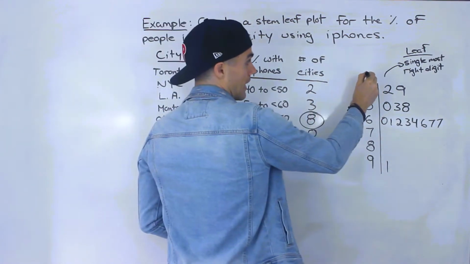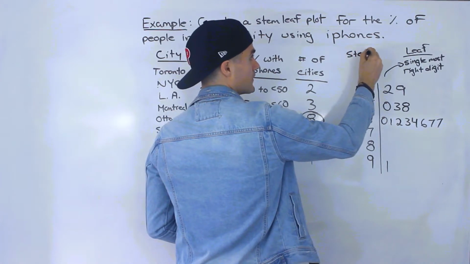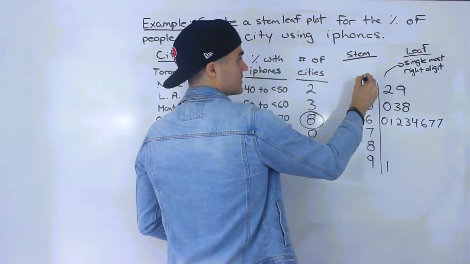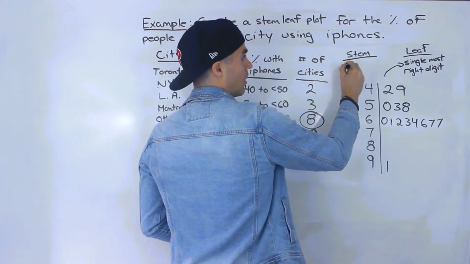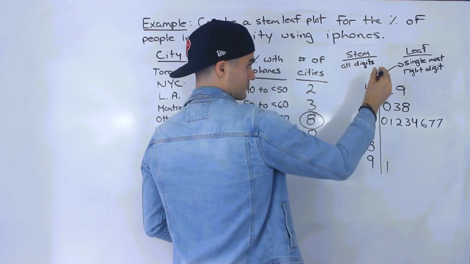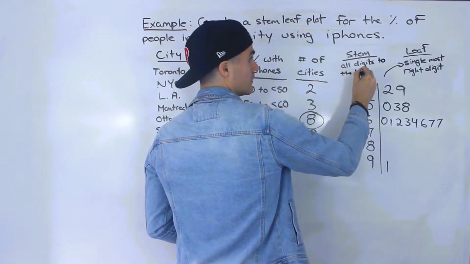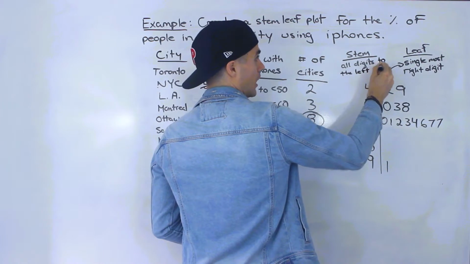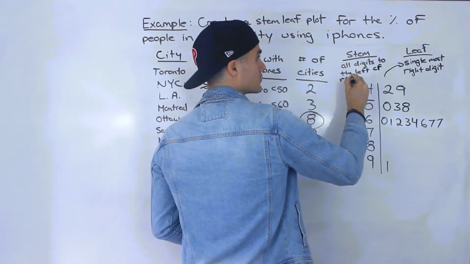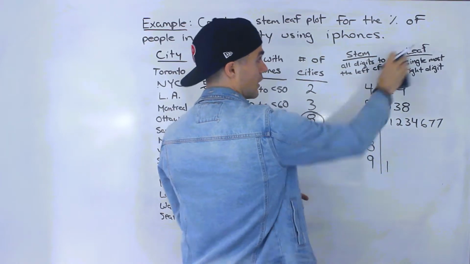Right? And then this left side is called the stem. And it's going to be all digits to the left of the rightmost digit, the leaf digit.